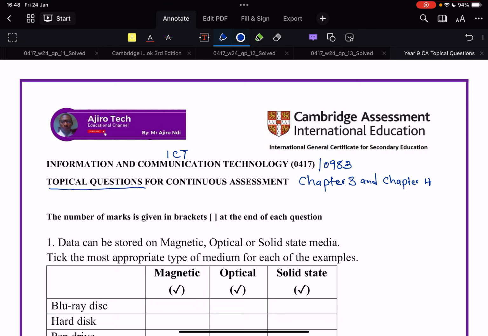Chapter 3 talks about storage devices and media.